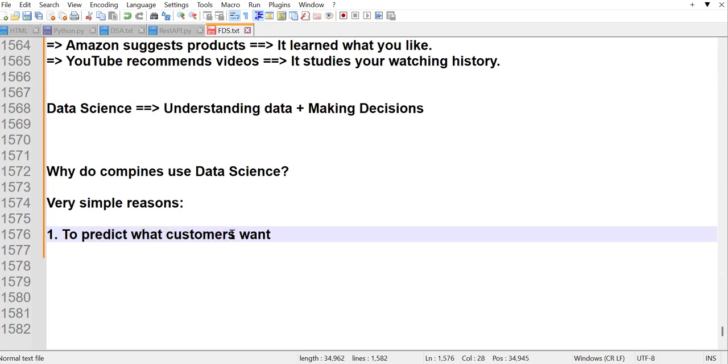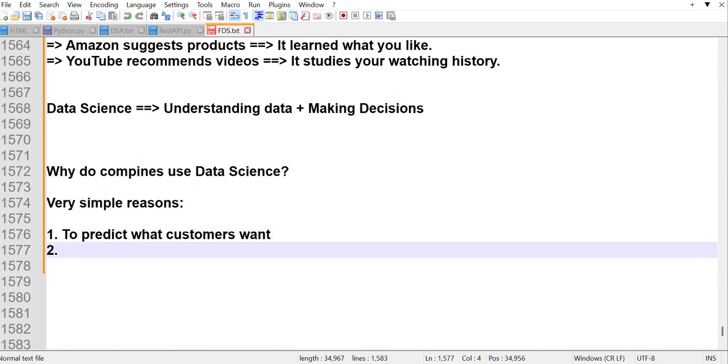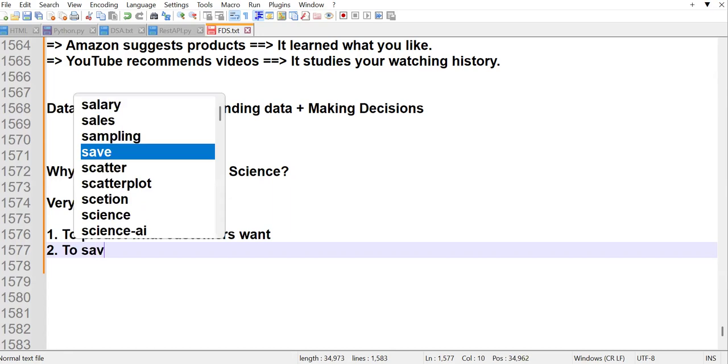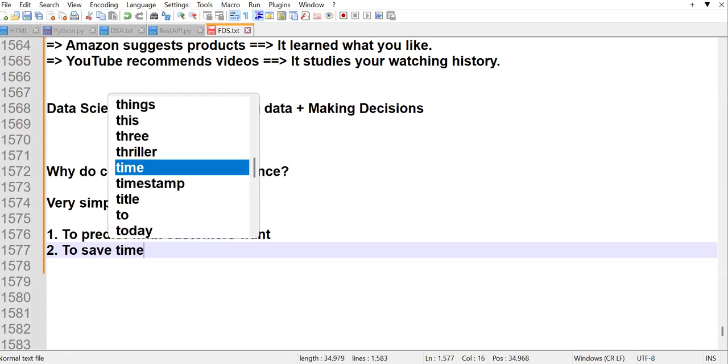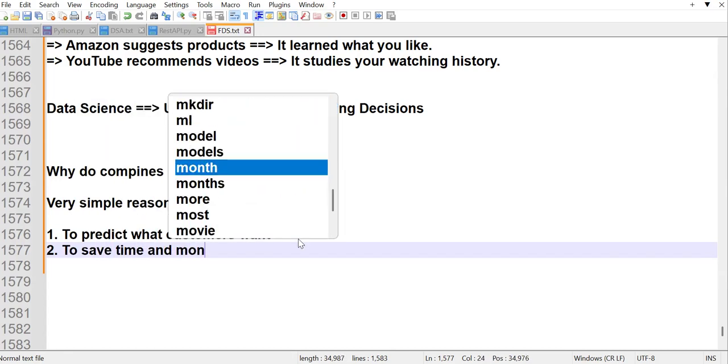And here is the business. How will the business grow? If you don't know your customer need, then how will your business grow? Right? So to predict what customers want, and to save time and money.